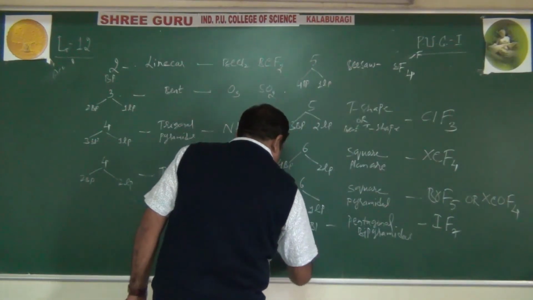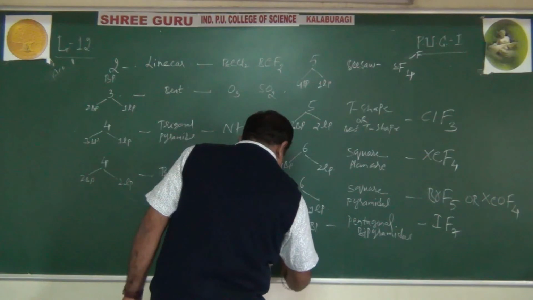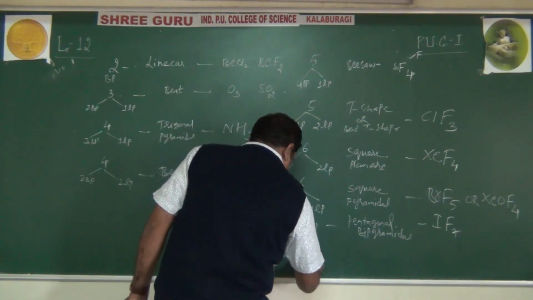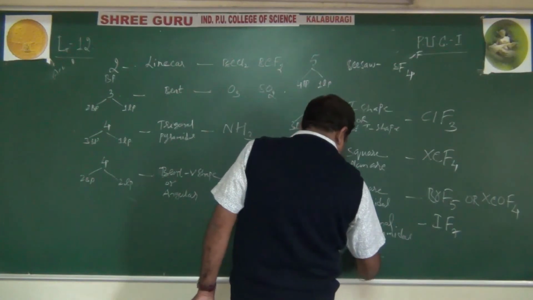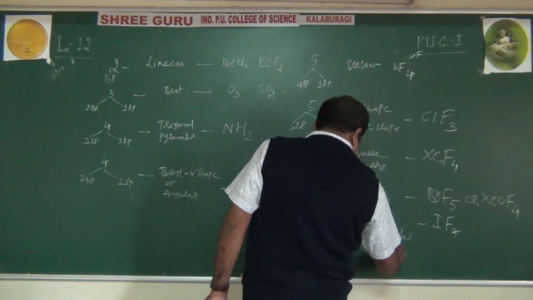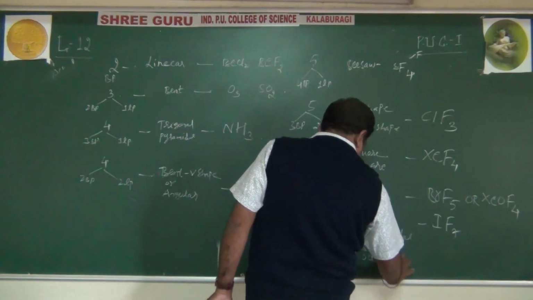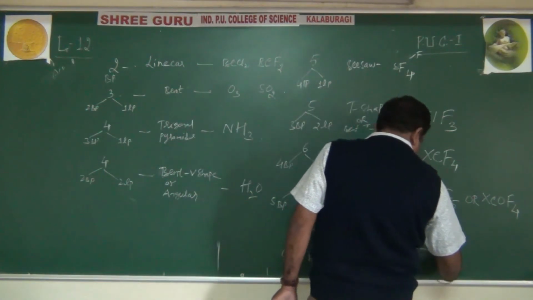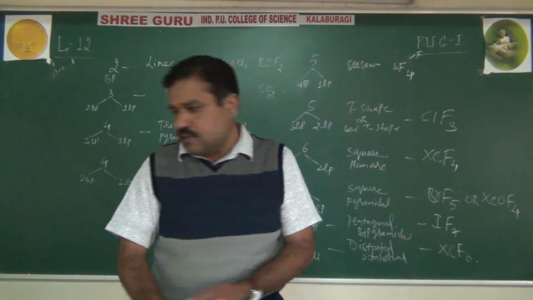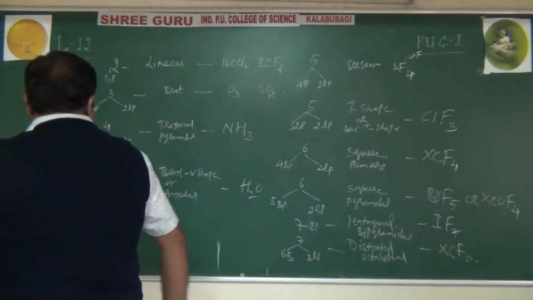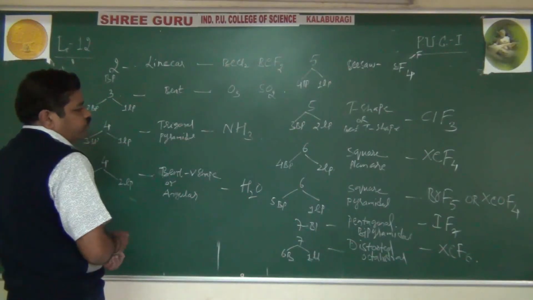In 7, if there are 6 bonding pairs, 1 lone pair, then it is distorted octahedral. Yes, xenon hexafluoride. So like this, students, I think now you are able to remember very easily this distorted geometry.